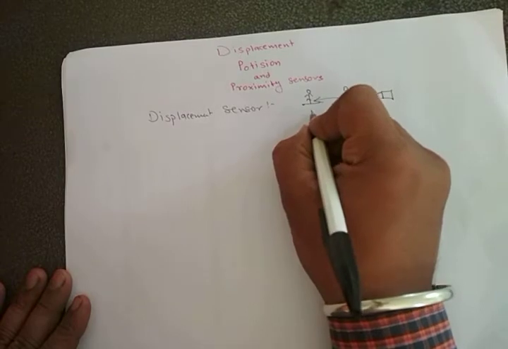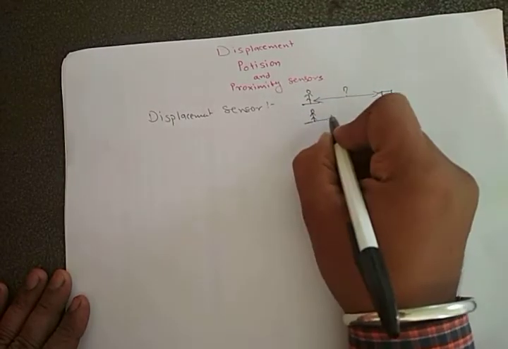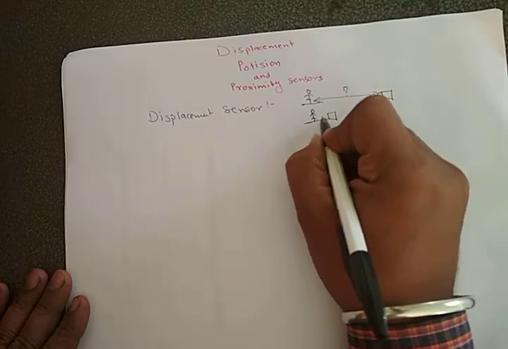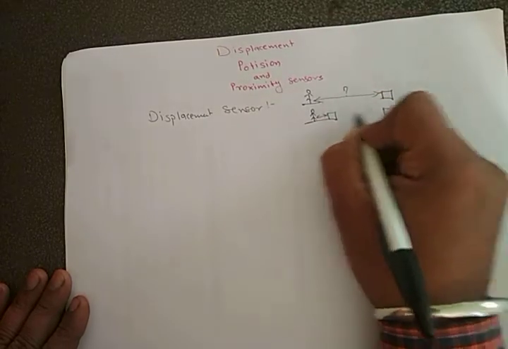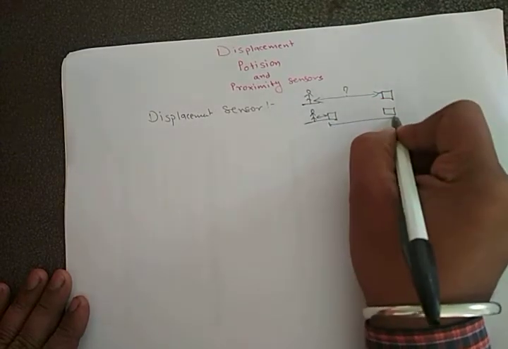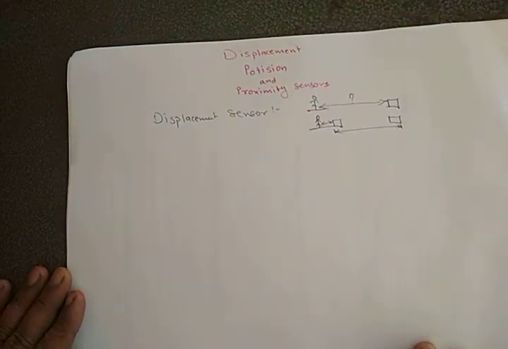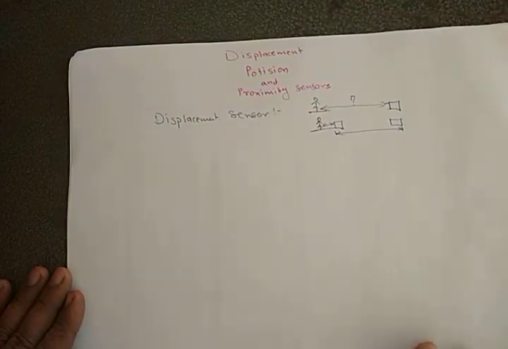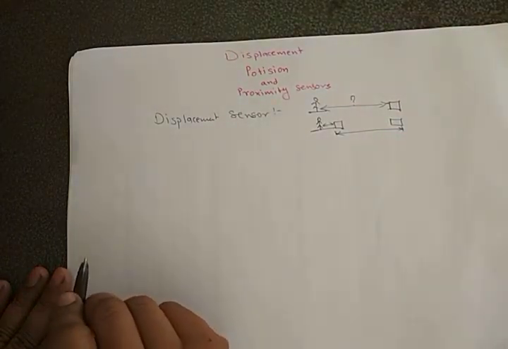Or, if one object is getting displaced from this point to this point, what is the initial point and what is the final point? By that you can check the displacement of that object by using the displacement sensor.